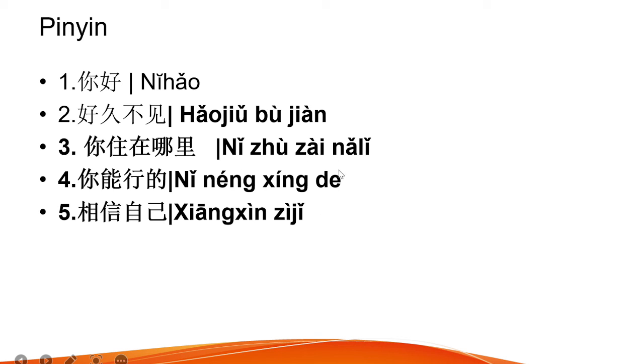So you must be saying, sir, the last one doesn't have any tones. In Mandarin there is also a fifth tone, which is a light tone, which is fast and short. Number 5 is 相信自己, 相信自己.